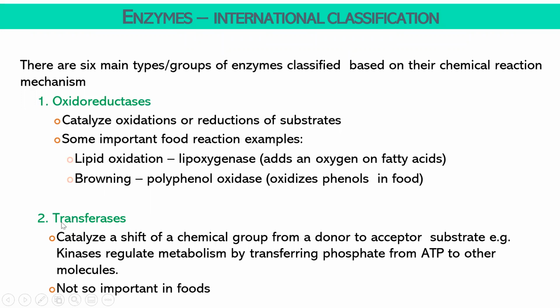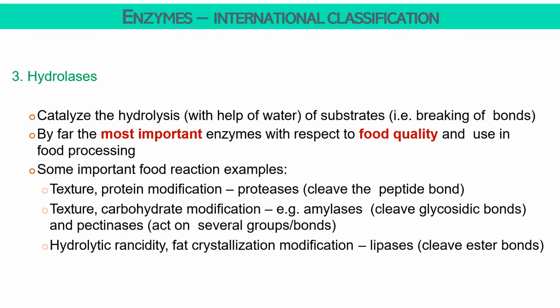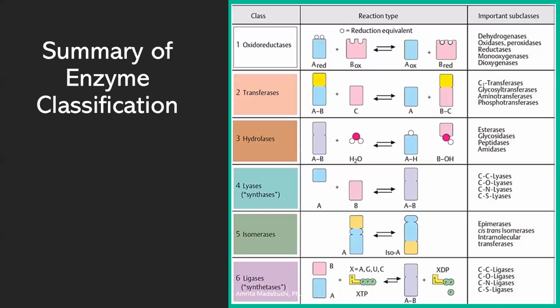Then there are transferases. As the name suggests, it is responsible for transferring a particular part, let us say a certain group, from one substrate to the product. Okay, so we are going to see a pictorial representation of that. If you see here in transferases, this yellow part is transferred from here to here.